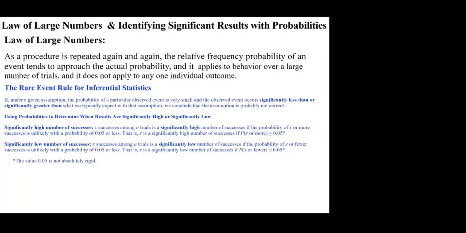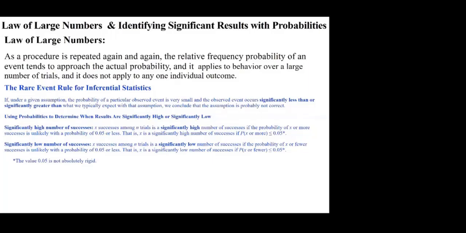Significantly low number of successes. X successes among n trials is a significantly low number of successes if the probability of X or fewer successes is unlikely, with a probability of 0.05 or less. That is, X is a significantly low number of successes if the probability of X or fewer is less than or equal to 0.05. The value 0.05 is not absolutely rigid.